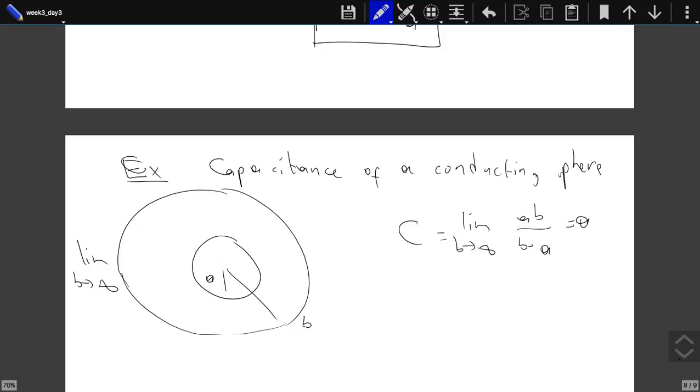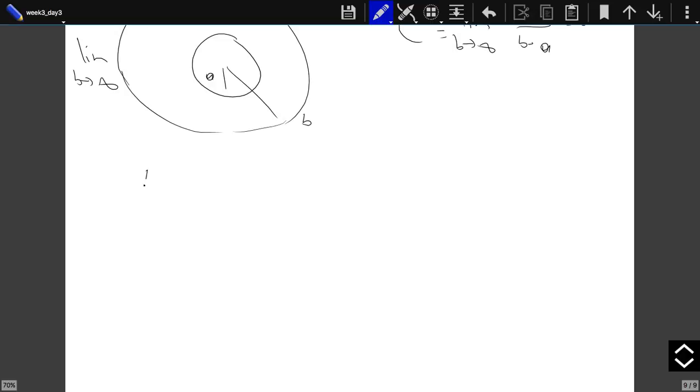Any questions? I still don't understand why it has a name. Why shouldn't it? Well, let's look at the definitions. Q over C. Now, what's the unit of Q?